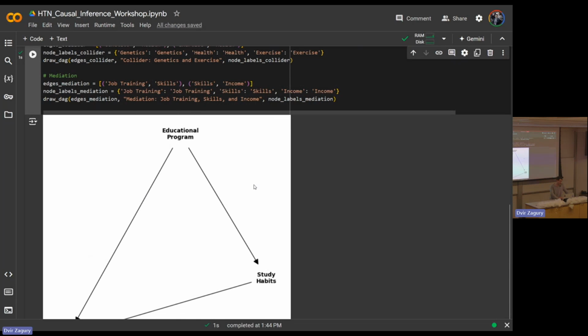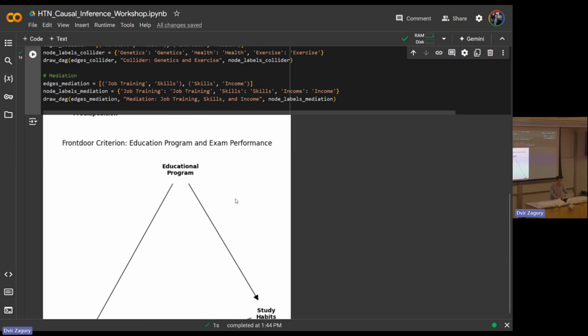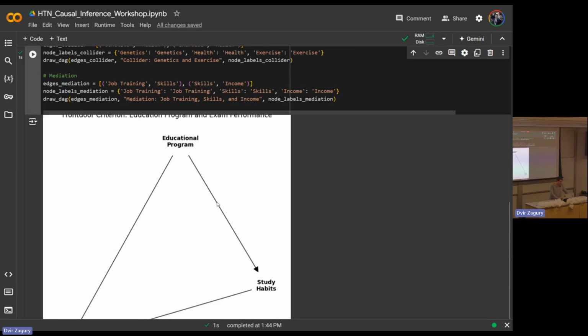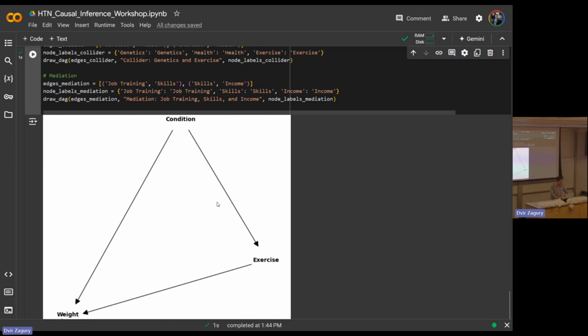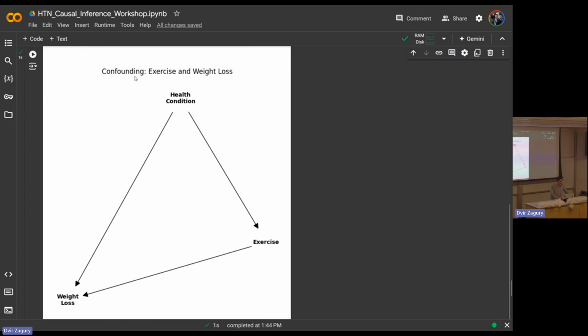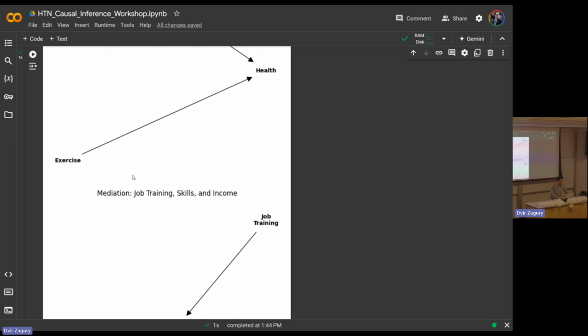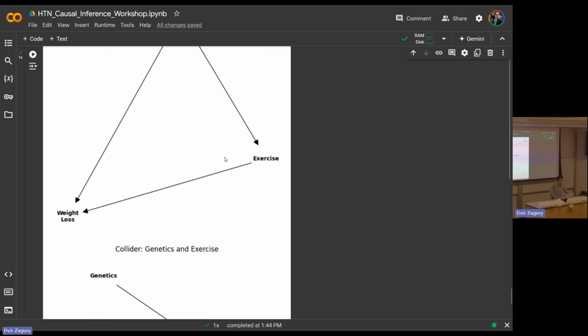I gave each of those a story just to make sense, for example, that someone might be in an educational program. There's all kinds of different examples, and each of these DAGs has a name that they're known by. So this is confounding, and this is a collider, and mediation.